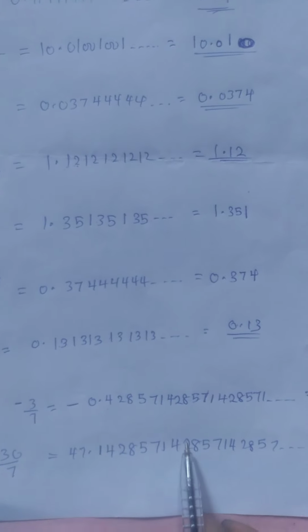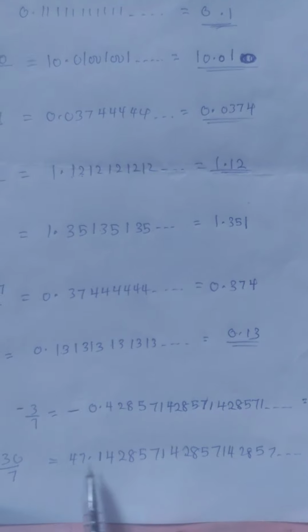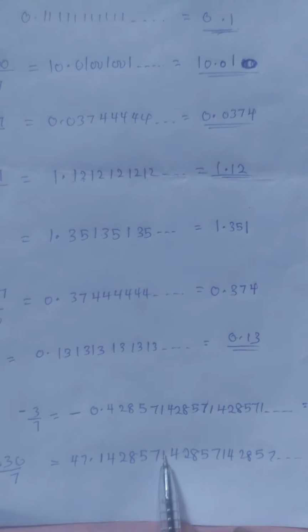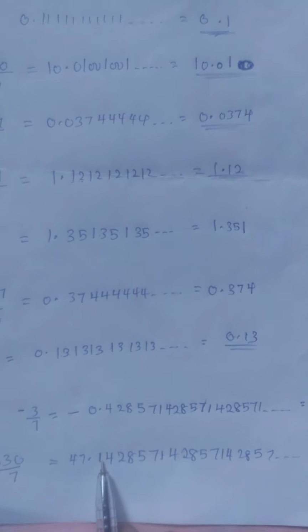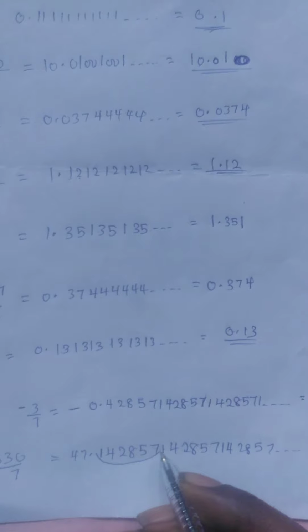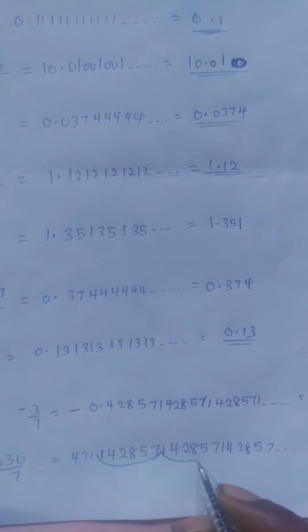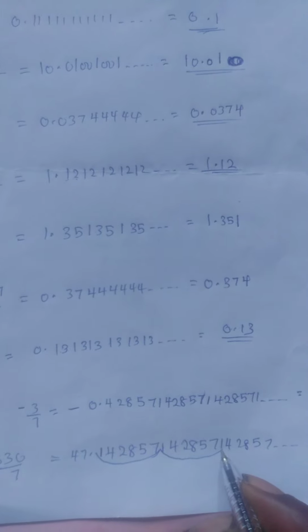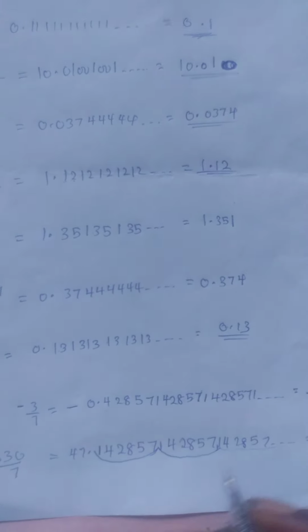It's going to approximate this and you have 3. So instead, just look at it, 142857. This is the group of figures that repeats itself. Look at this and see. So from here, it repeats itself again, 142857, then it continues to repeat itself again. You can see.